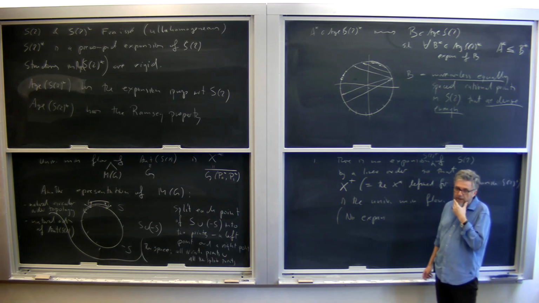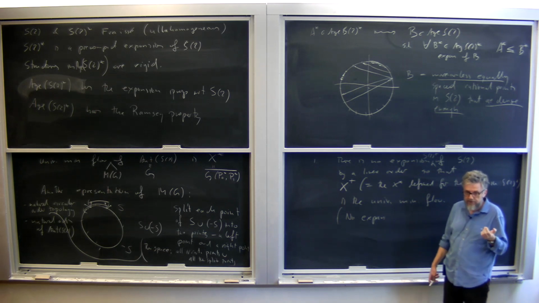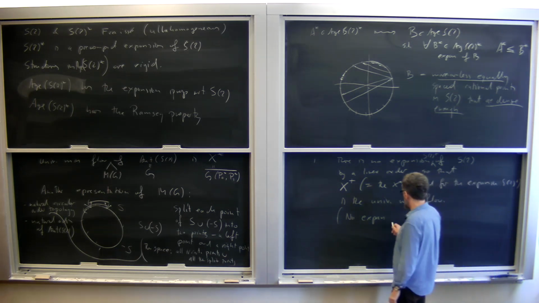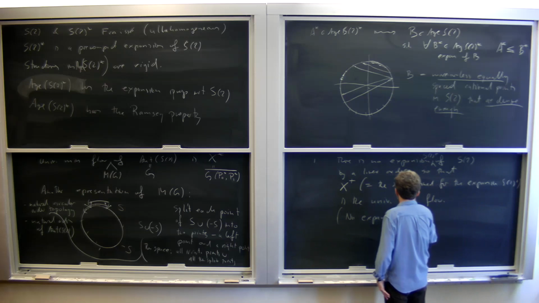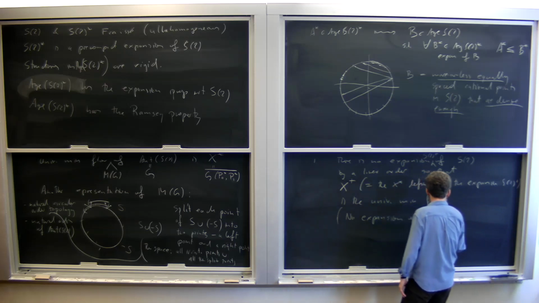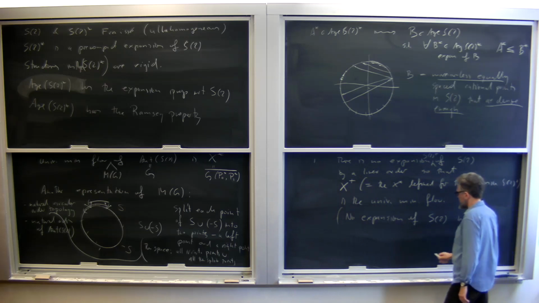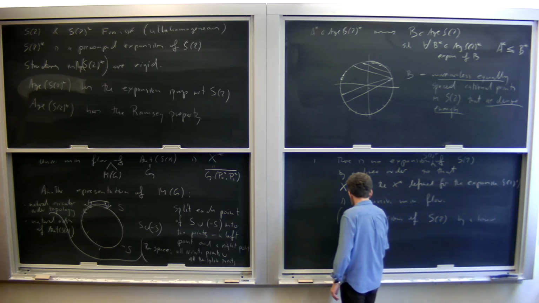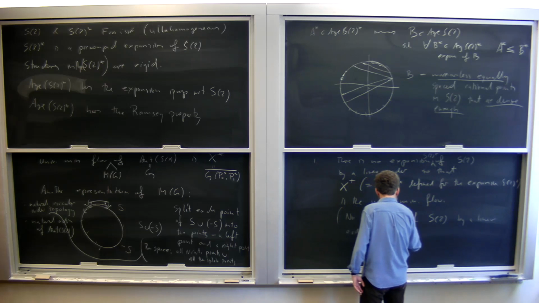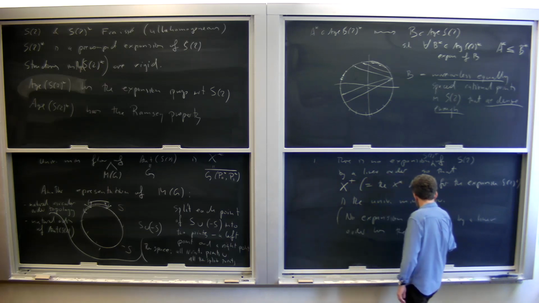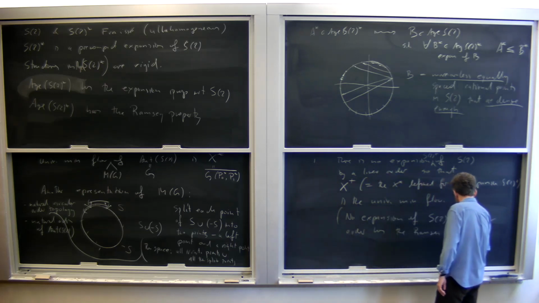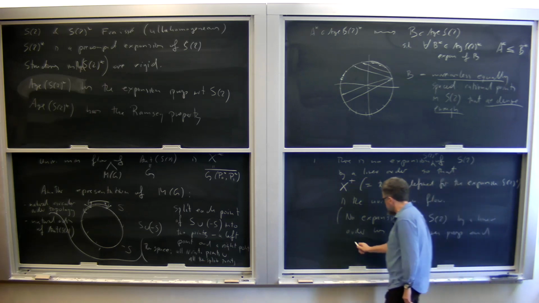What I'm missing is the expansion property and the Ramsey property. So no expansion of S of 2 by a linear order has the Ramsey property and the expansion property.